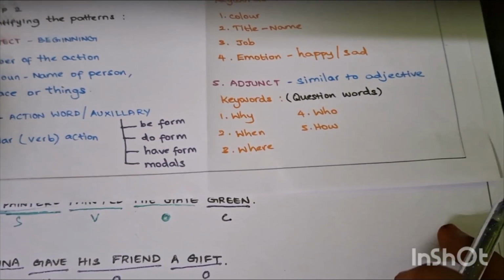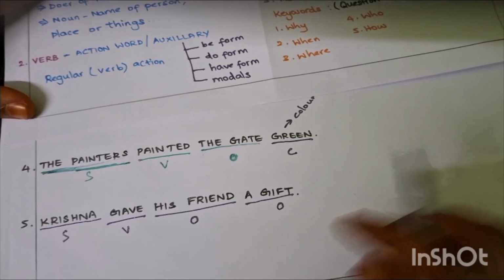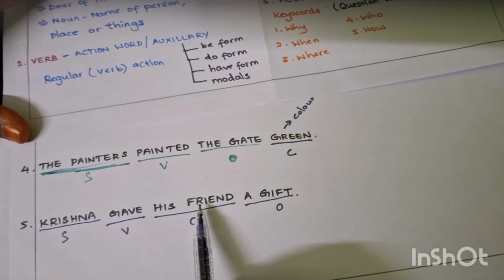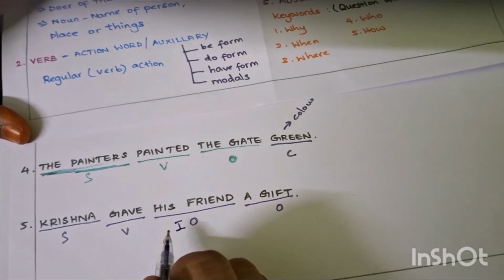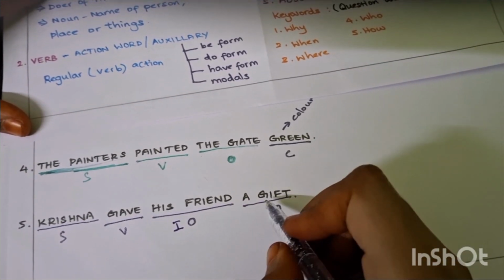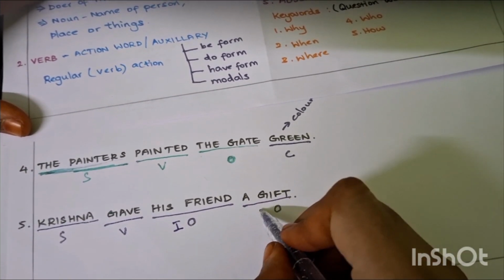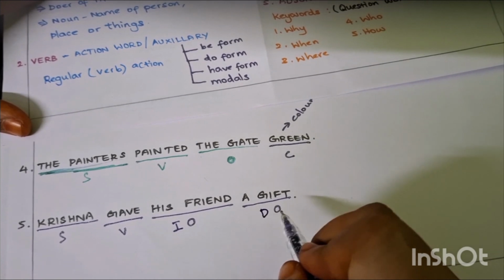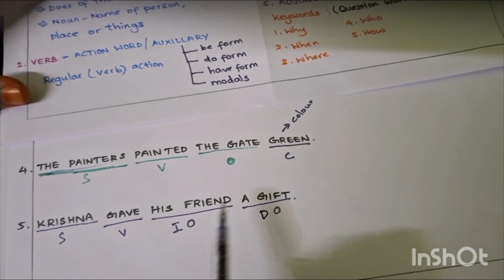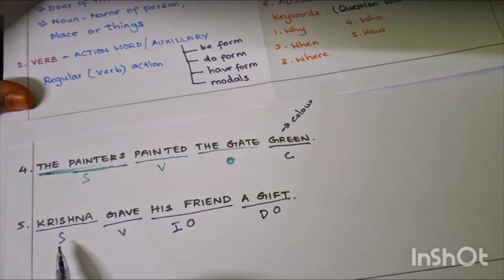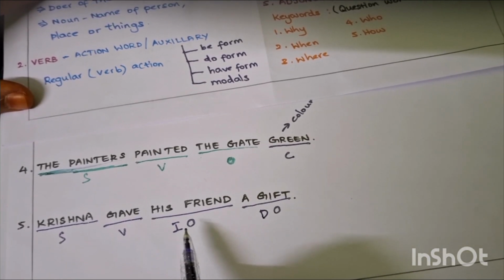Now come to the example. Here his friend is a living thing, right? So we can make it an indirect object, and a gift is a non-living thing, so it falls under direct object. So the pattern is Krishna gave his friend a gift: subject, verb, indirect object, direct object.